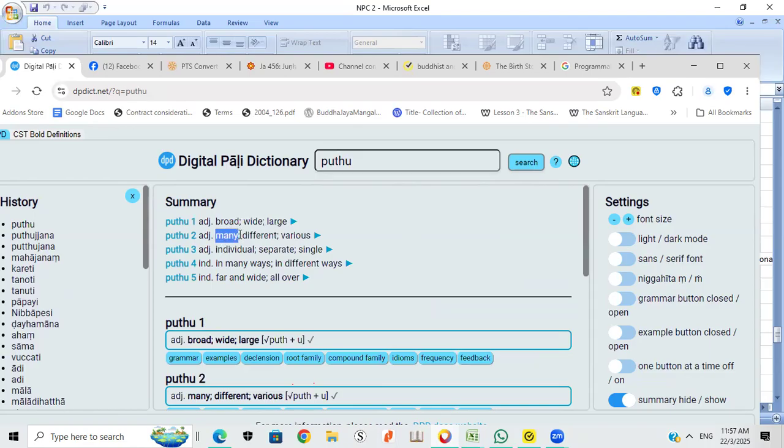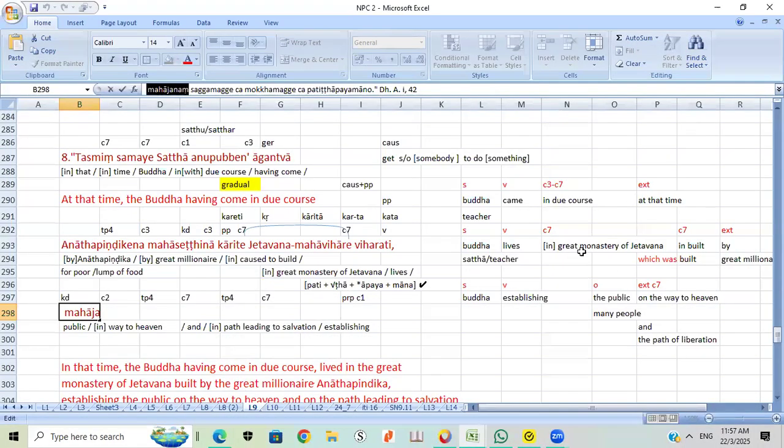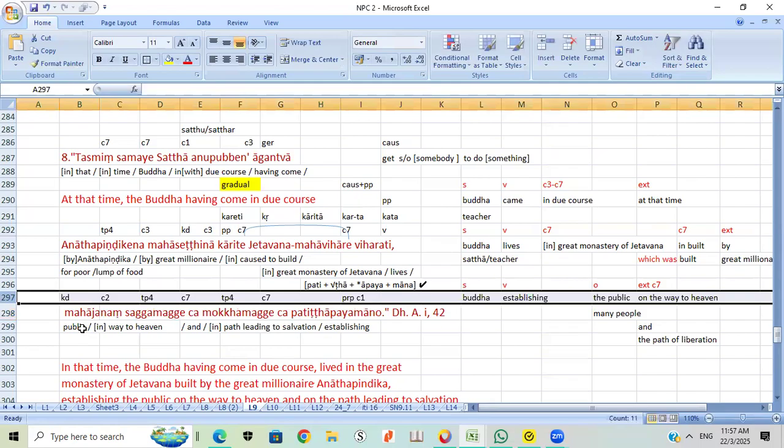So the word putujana, they say, oh, I'm still a putujana. That means many people are like that. Not very few are Arya. So the word putujana doesn't mean it's bad. It means common people, a lot of people are like that until you become Arya. So the word jana can mean public, can mean people.